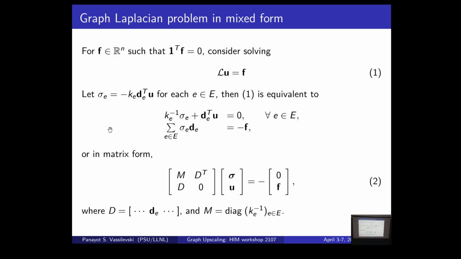So it's a saddle point matrix. In this application, M is diagonal. And all these d vectors are put together, and they have only 2 non-zero entries per column. D transpose is like a discrete gradient, and it is also sparse.